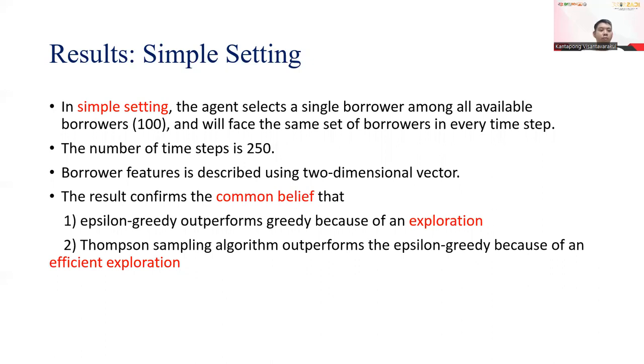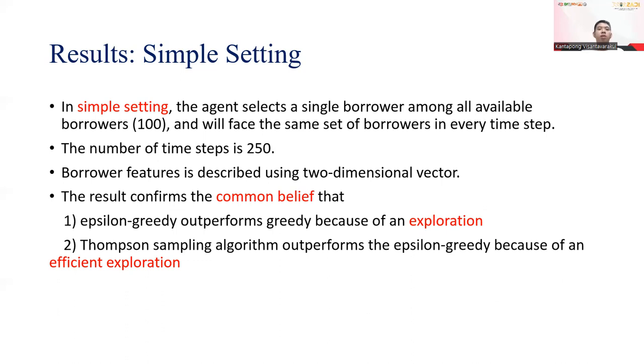That is the simple one studied in traditional reinforcement learning, and we set the number of time steps to be 250, which is quite long enough. The borrower features are described using a two-dimensional vector. With all this, the result confirms the common belief in traditional reinforcement learning that epsilon greedy outperforms greedy because of exploration.